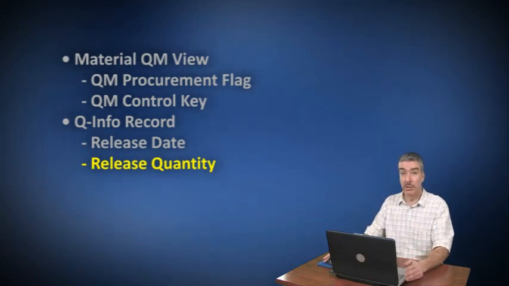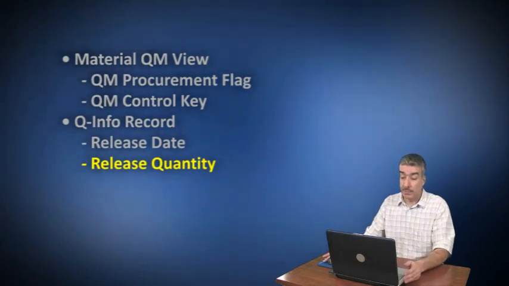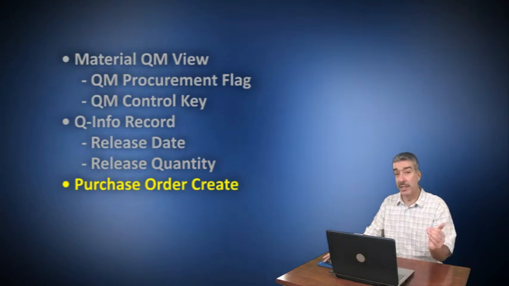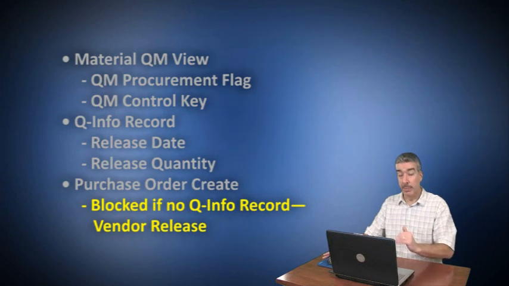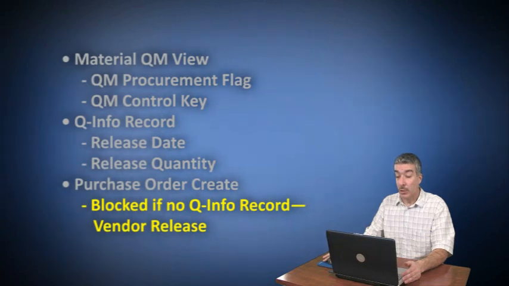And so if purchasing goes to buy and they try to do 600, it's not going to happen. It will block them. And then during the purchase order create, if this record is not put in place, as I said before, they're going to get that error on the bottom. So that would be the next key step, and then they need to contact the quality group.